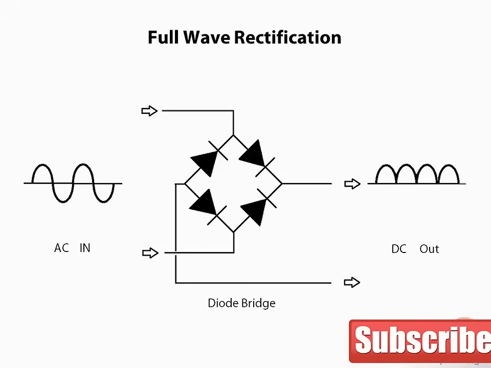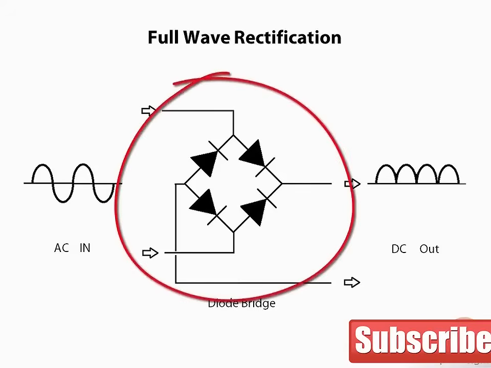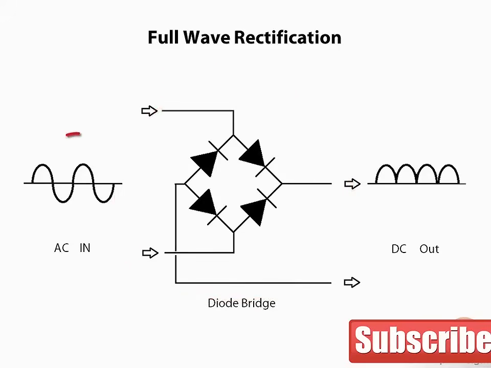The second type of rectifier is a full-wave rectifier, or more commonly called a bridge rectifier. This rectifier consists of a bridge configuration of 4 diodes. 2 nodes of the diode bridge are connected to the AC waveform, and the other 2 nodes output the full-wave rectified signal.